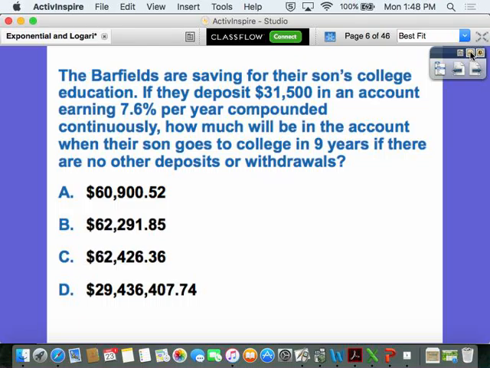What is that? Something to the n power plus the number. Or am I thinking of the wrong one?